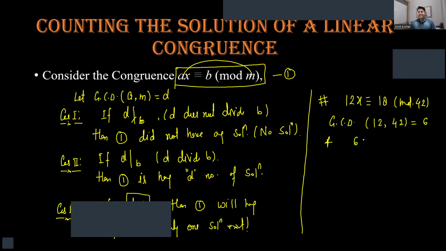And we can say 6 divides 18. Yes, 6 divides 18. It means this equation will have 6 solutions. When we solved this example in the last class, I think we only found one solution.